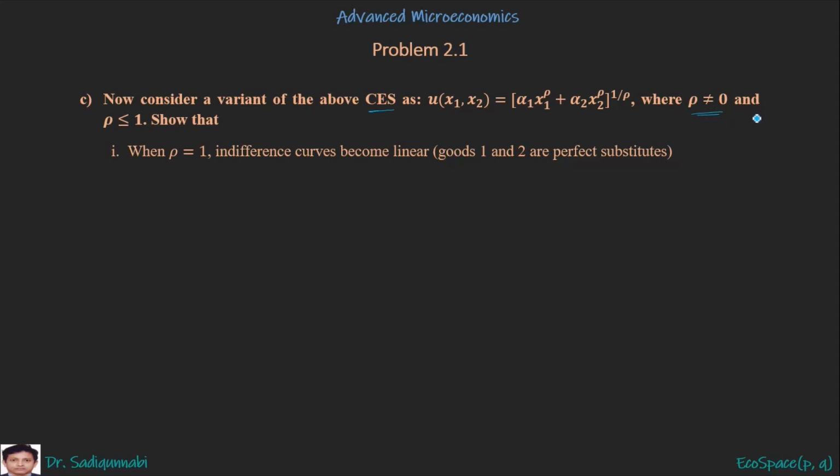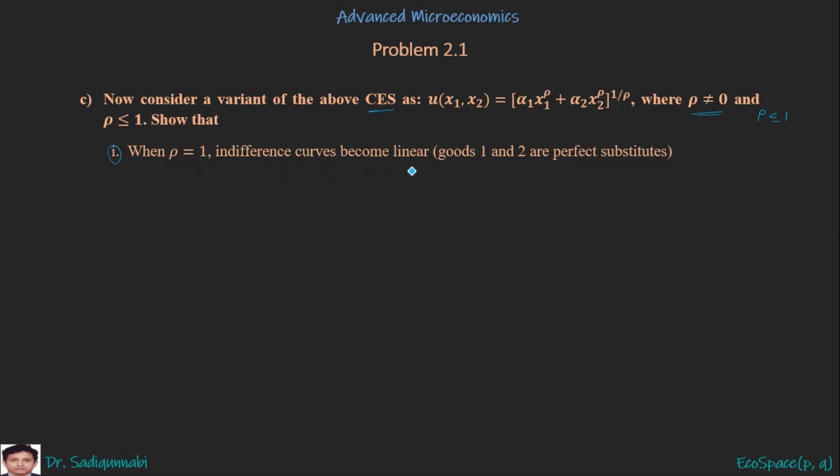If this is the variant of the above CES utility function, we have to show that, number 1, when rho equals 1, indifference curves become linear.